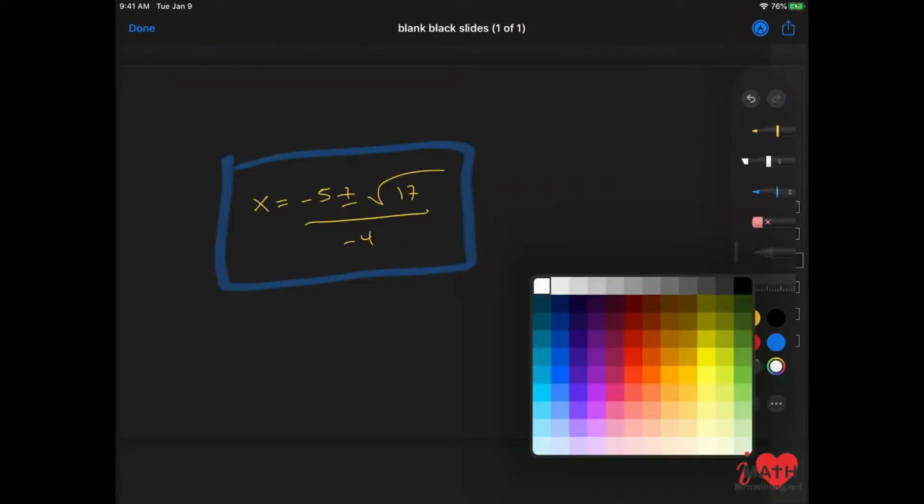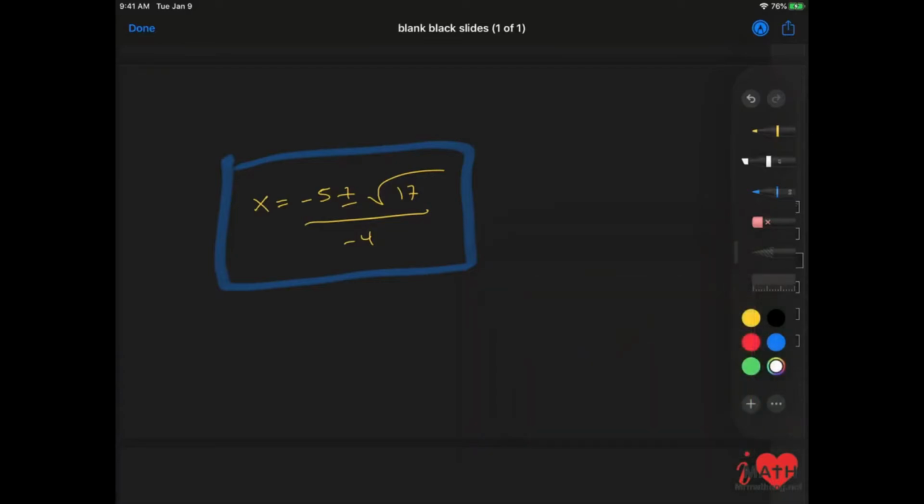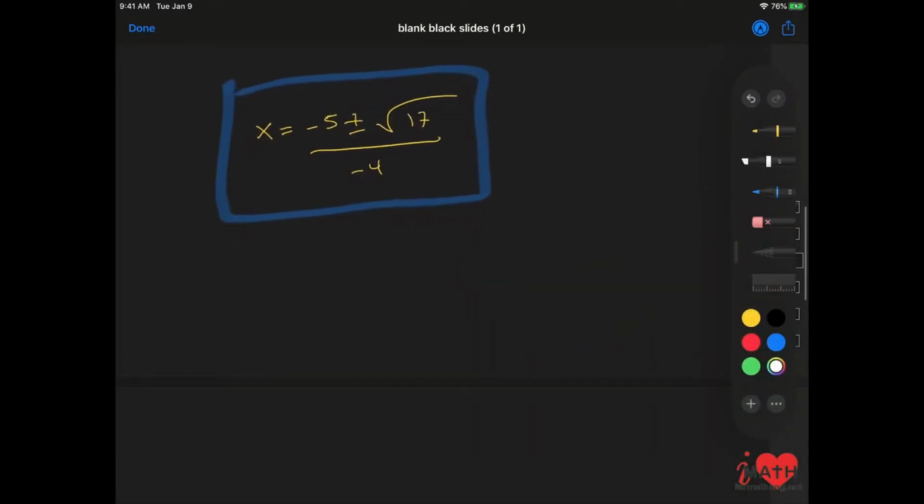All right, so I would be happy with this answer, but I want to show you guys how the textbook has a similar answer or different. So what I first want to show you guys is changing this to a plus or minus. So you have 1 plus and you have 1 minus. So you have x equals negative 5 plus radical 17 all over negative 4.